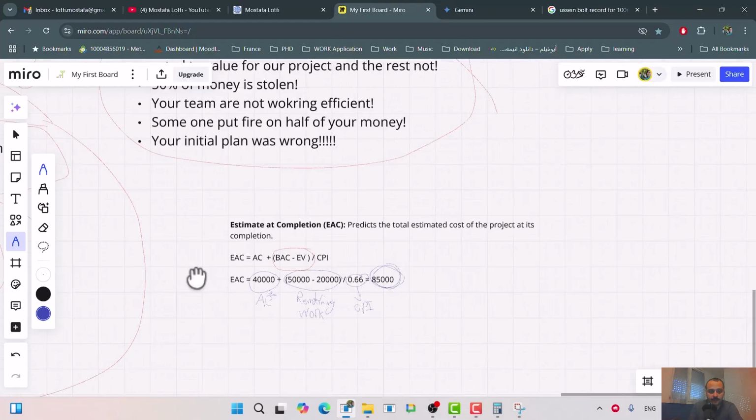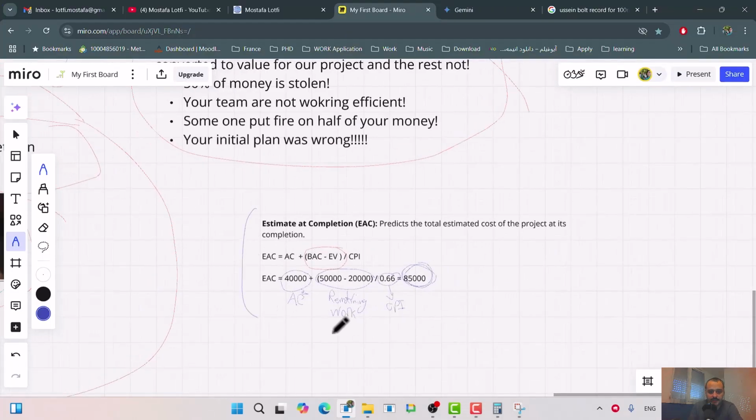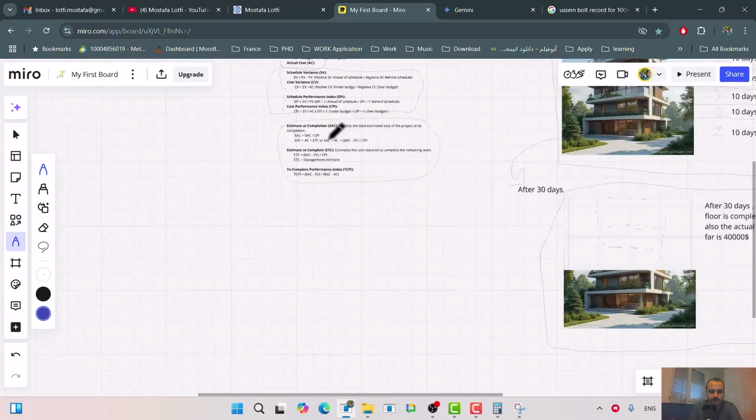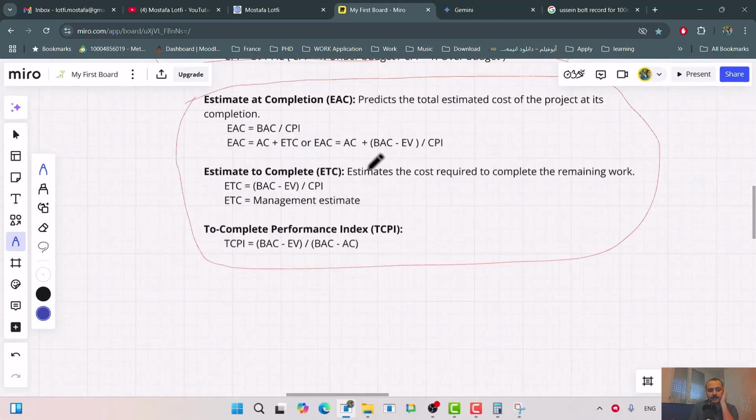now, EAC is very important. Okay, now let me check the other points. Then estimate at completion, estimate to complete. Okay, and to complete performance index.